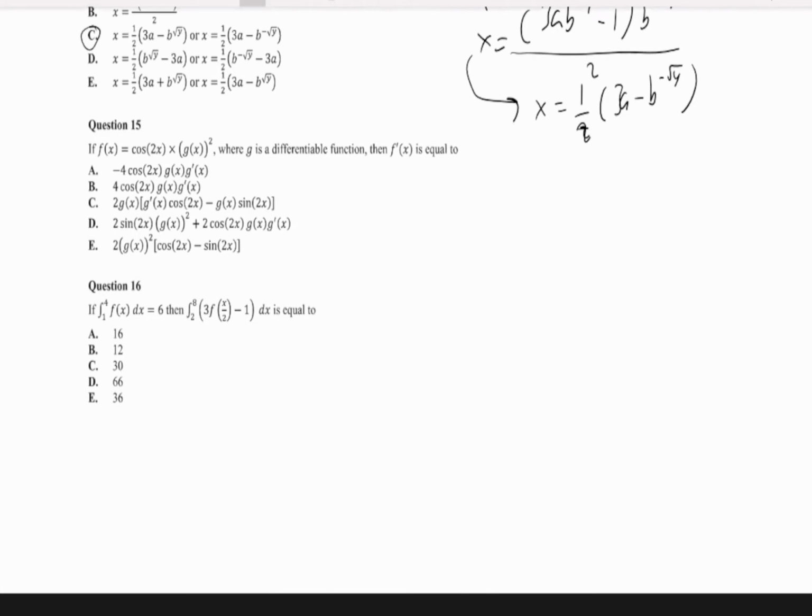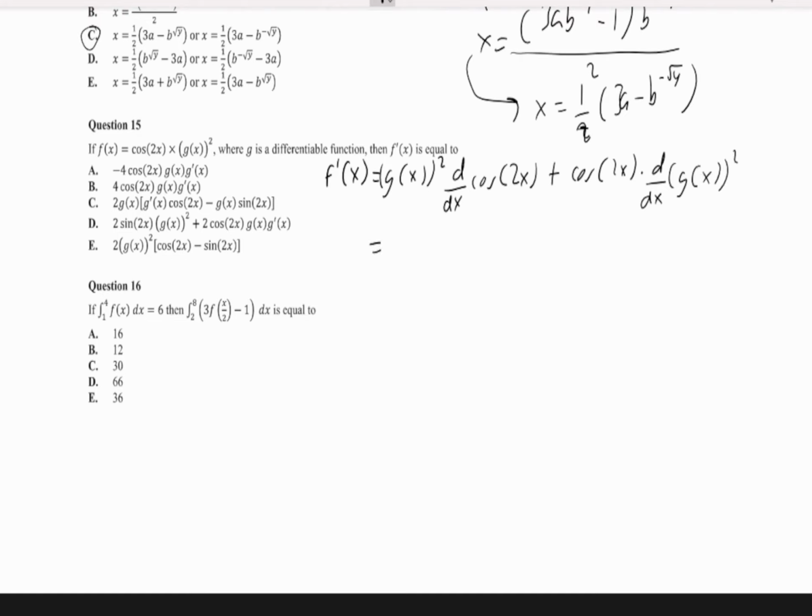Question 15 is just product rule over here. So f dash x equals g of x squared times d dx of cos 2x plus cos 2x times d dx of g of x squared.